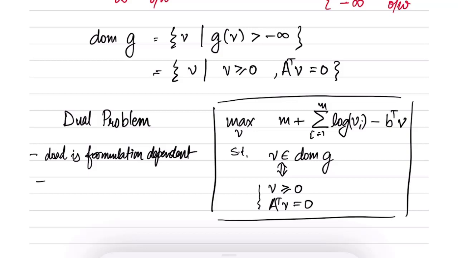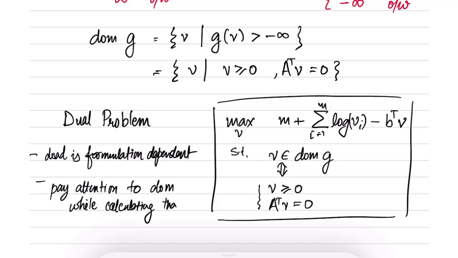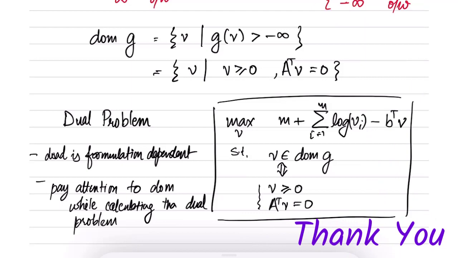And you need to pay attention to the domain of functions while calculating the dual problem. So if you are evaluating or writing down the dual problem, it is necessary to pay attention to the domain or the points where the function takes minus infinity value.